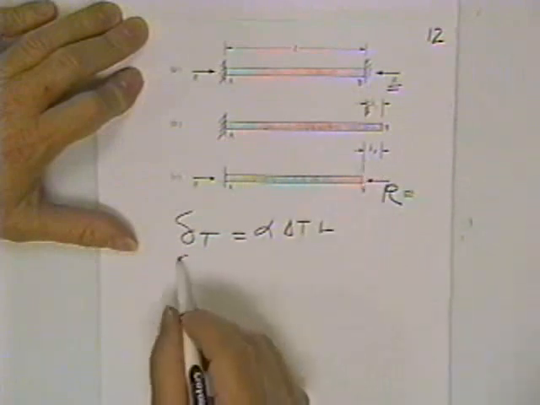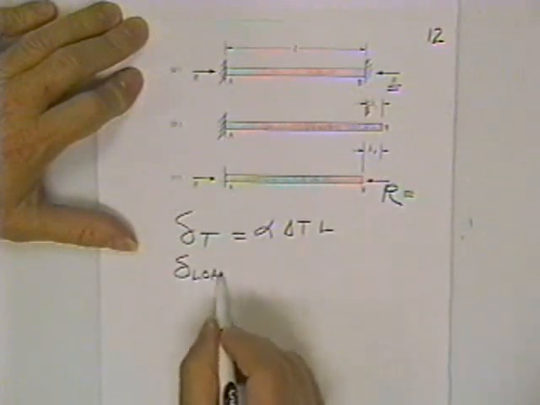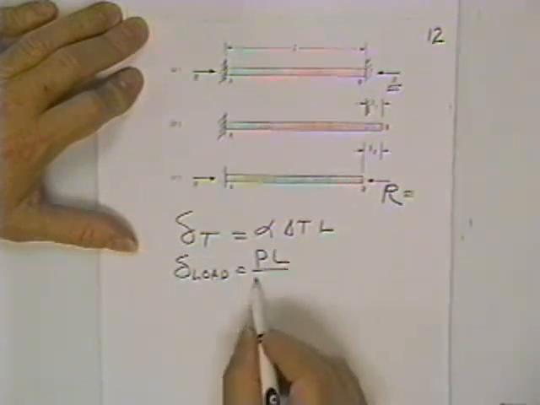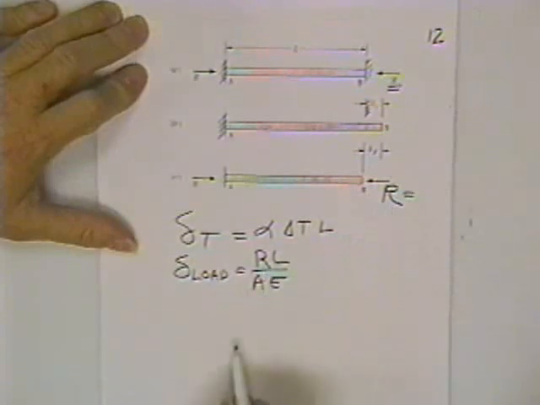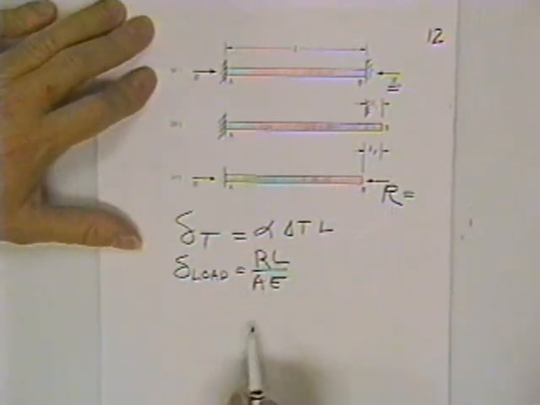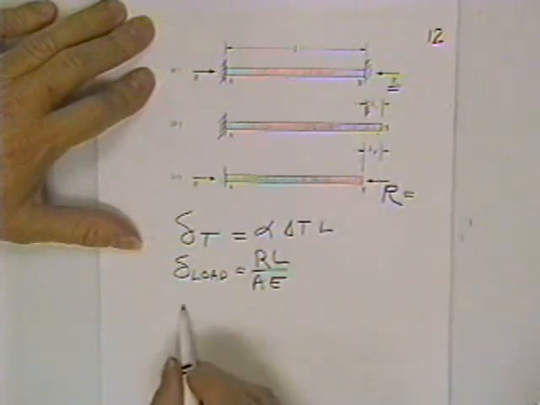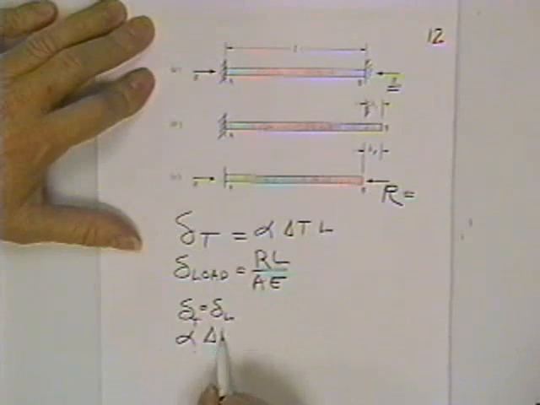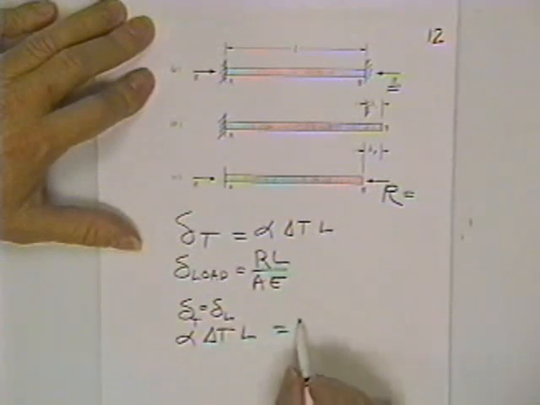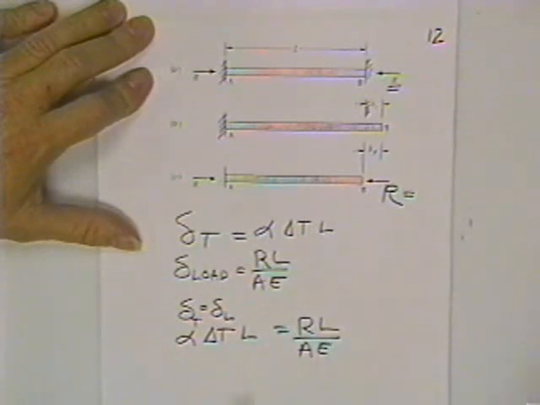How short something gets, delta due to load, is PL over AE. In this case, we call the load PR, so let's put R. And since these two deformations are equal, all you'd have to say is the delta of both of them is equal to delta T, delta load, so alpha delta T L equals RL over AE, and solve for the force.